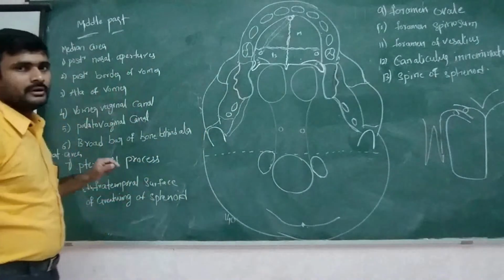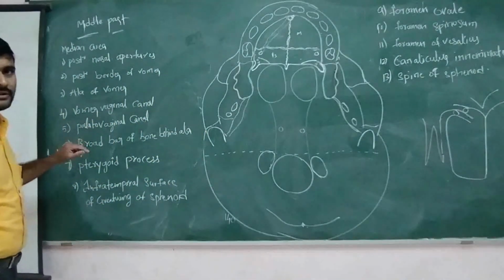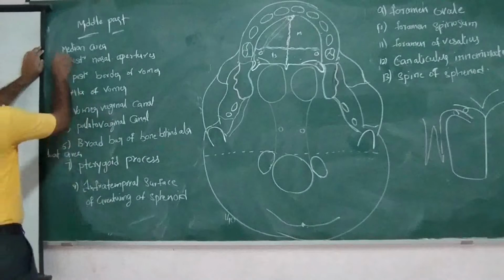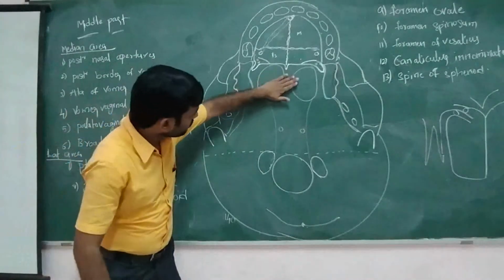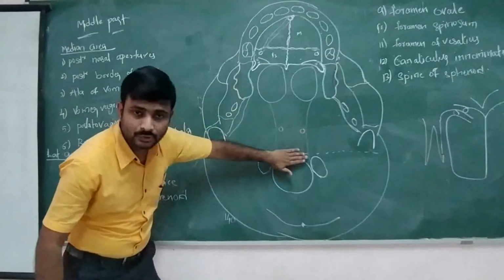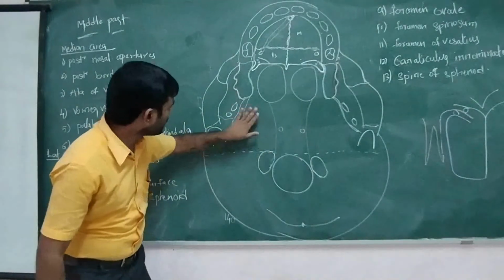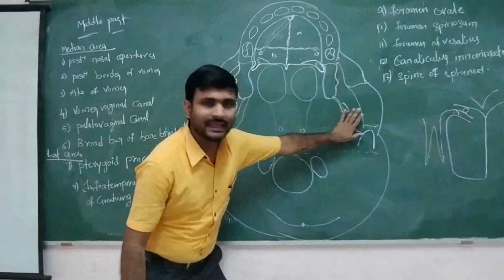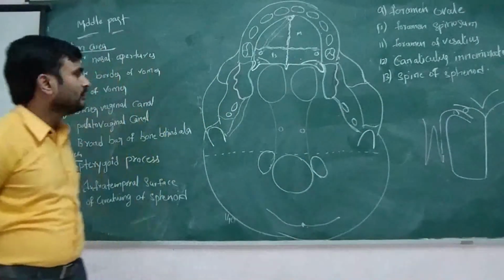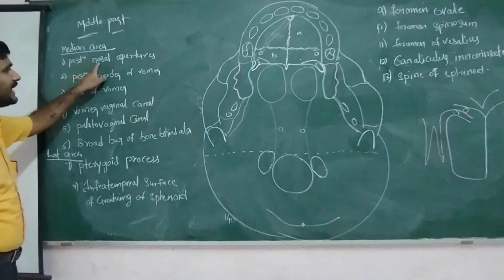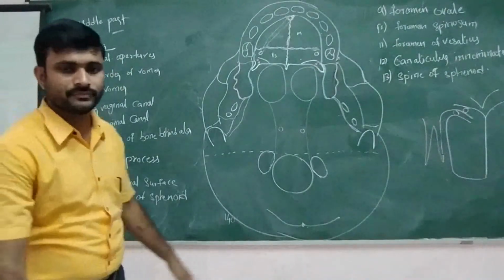Here the middle part of the norma basalis is divided into the medial area and the lateral area. This part is called the medial area and this part is the lateral area. In this medial area we see the posterior nasal apertures.